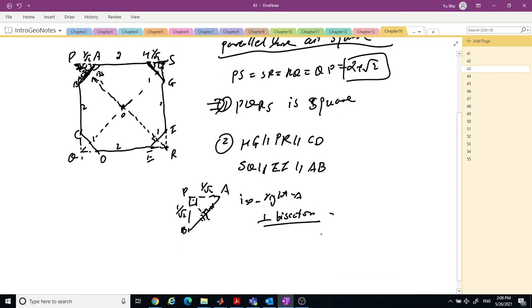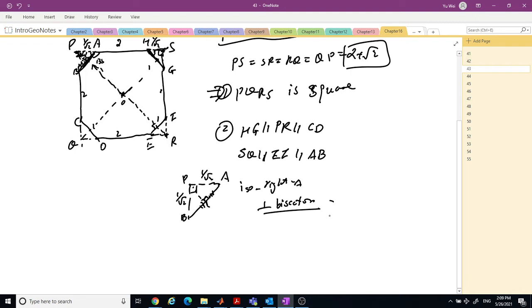This means PR is a perpendicular bisector of AB, EF, and QS, right? The same thing, SQ is a perpendicular bisector.